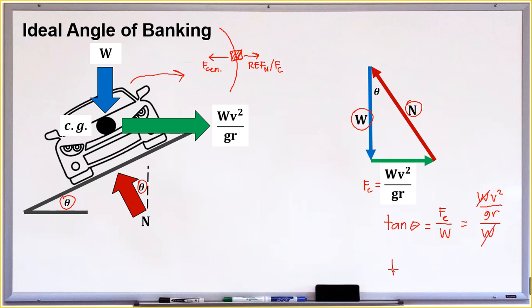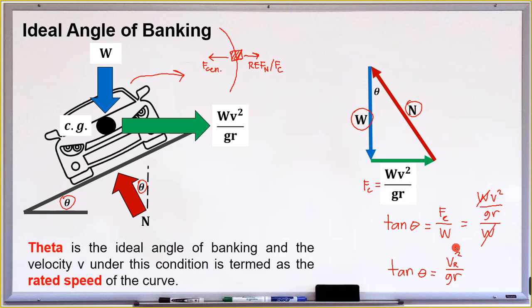So therefore, for an ideal angle of banking, the tangent of theta is just equal to v squared over gr. Now, mag-add ta diri og subscript sa ato ang velocity, ato lay denote as r. So later, ato na ikuan unsay pasabot anang vr. So again, the theta here is the ideal angle of banking.